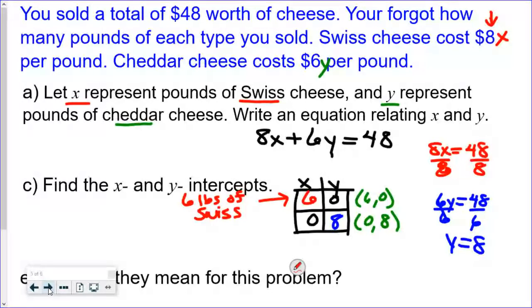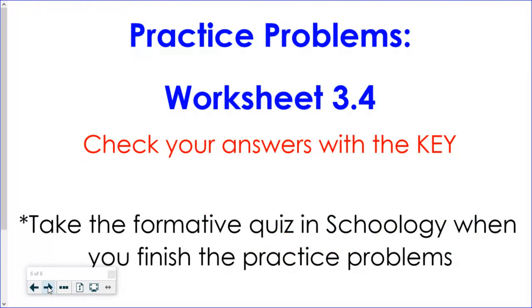If I only sold cheddar, I only sold 8 pounds of cheddar. That's what the question is asking. So again, it's just saying if I only have cheddar or if I only have Swiss, that's how much of each. Okay, so if you have any questions, let me know.